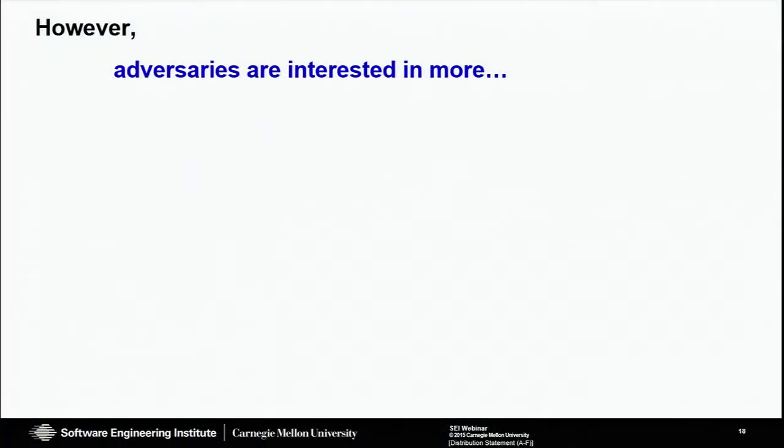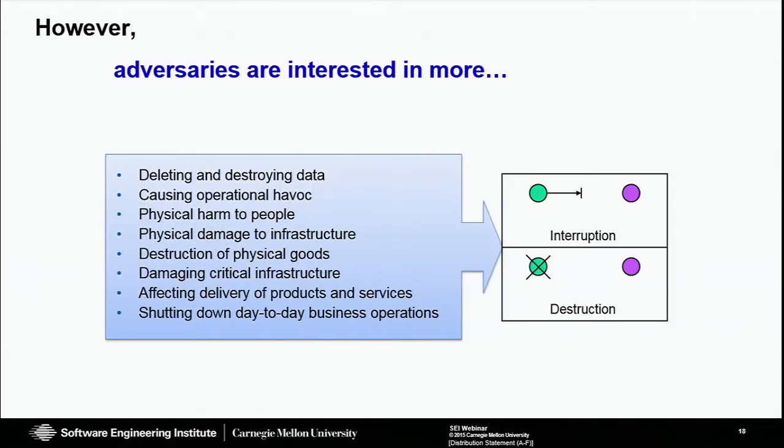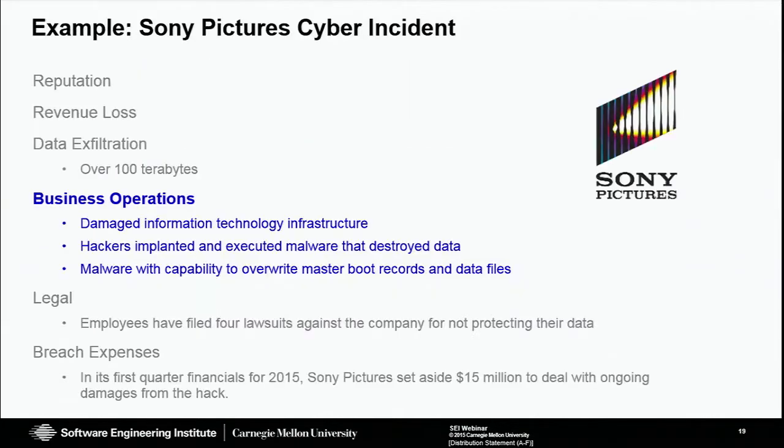Recently, however, adversaries are becoming interested in other things. They are becoming interested in interrupting or destroying data, shutting down day-to-day operations, making physical damage to the infrastructure, and deleting or destroying data. Examples of those incidents we hear and read about from time to time, the recent Sony Pictures cyber incident is a good example of it.